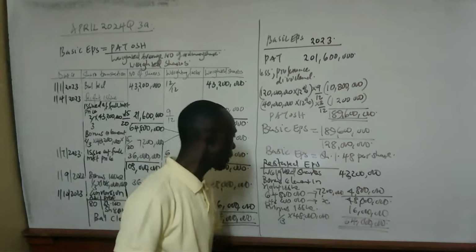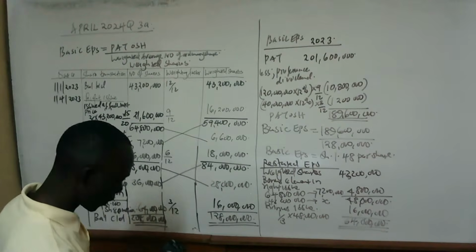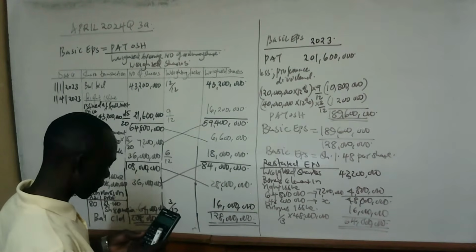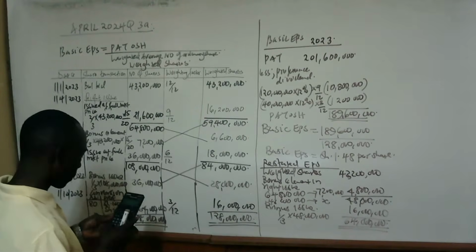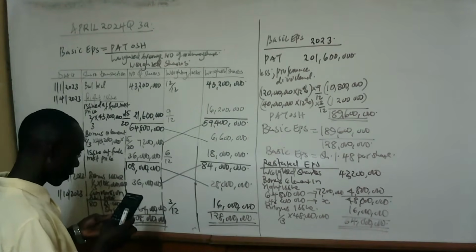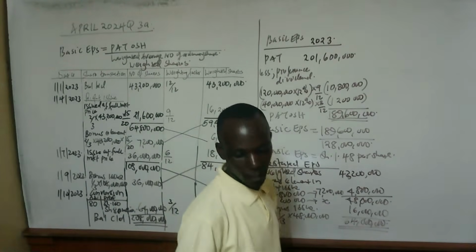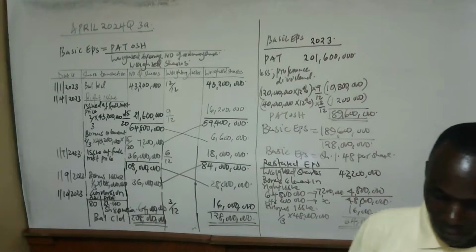Now, what about 48? So you will take this one times 48. So it will be 36 million times what? 48 million. Then from there you divide by what? 108 million. And still you are going to get an amount of how much? Still you are going to get an amount of 16.